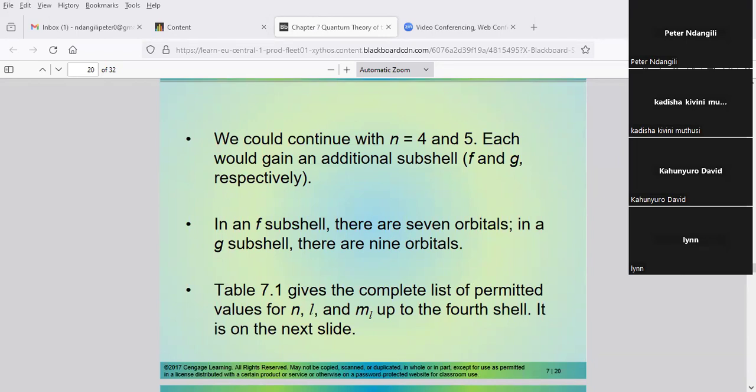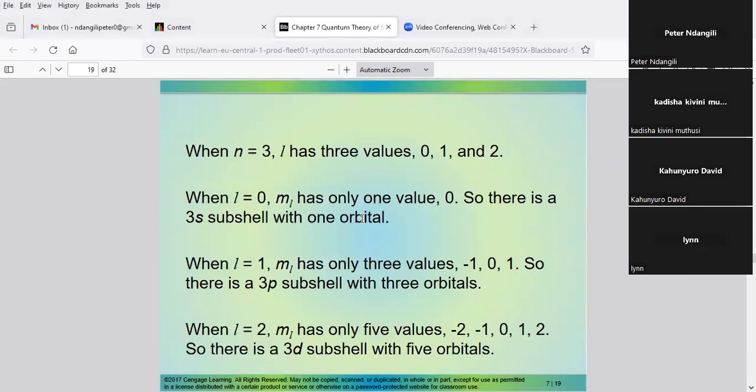It is the slide I've just displayed now, isn't it? Yes. This slide is a continuation of this particular slide here. You can generate L values from any N value, and then use the L values to generate ML values. That is what we are talking about.